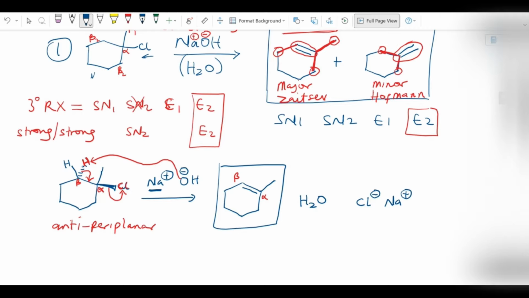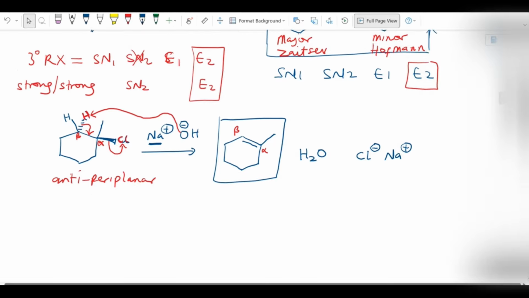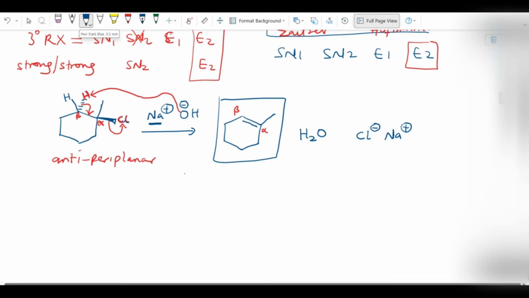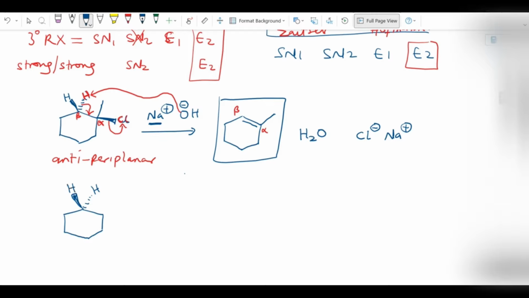So let's draw the mechanism to show how the minor product could be formed. So let's place this hydrogen on a dash bond, then that means this other hydrogen will be on a wedge bond.